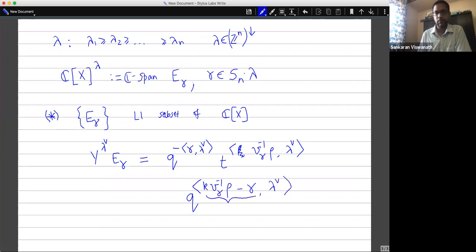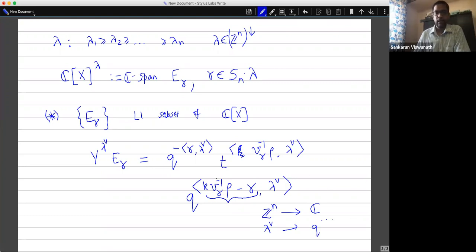For a given gamma, the eigenvalue is really q raised to that. It's that linear functional on the lambda checks on Zn. The eigenvalue, which is what we called the evaluation map last time, is really this map: to each lambda check, you map it to this number q raised to the whatever.